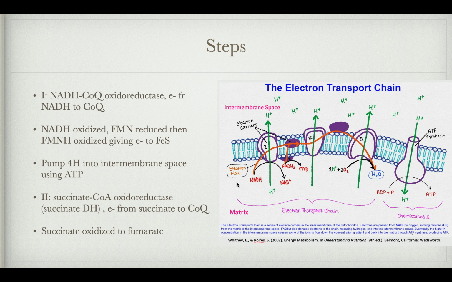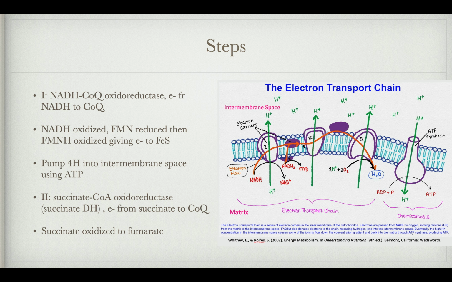And in doing all of those reactions, it is able to pump 4 hydrogens into the intermembrane space. And that is an energy required step.